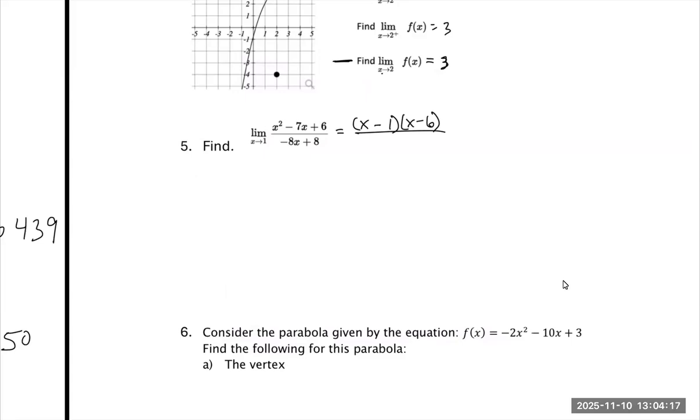The numerator was a trinomial, and we usually use the x method or other factoring for that. But with a binomial, the only things we can do are a difference of squares, which is not the case, or factor out a common factor. In other words, negative 8x and 8 have something in common that divides both of them.